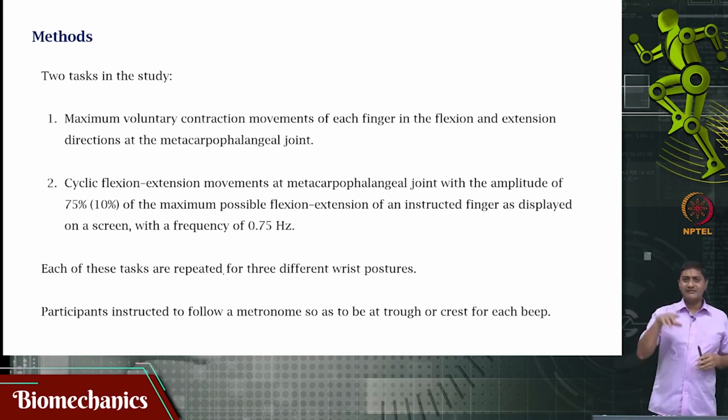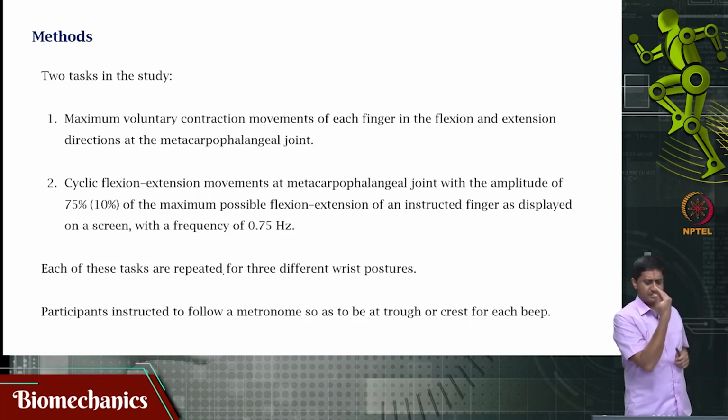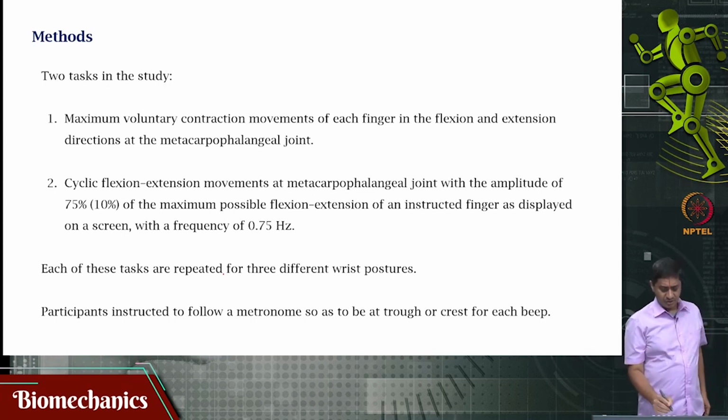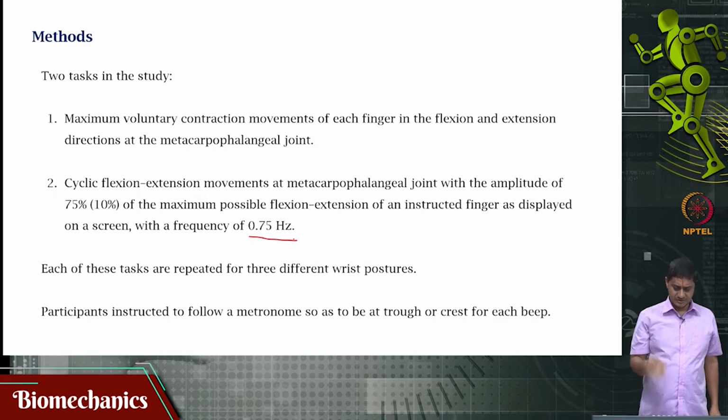Then cyclic flexion and extension movements at the metacarpophalangeal joint, such that 75% plus or minus 10% of the maximum possible flexion extension range of motion is achieved with a metronome frequency of 0.75 hertz. This was repeated at the neutral posture, at the flexed wrist posture and at the extended wrist posture.